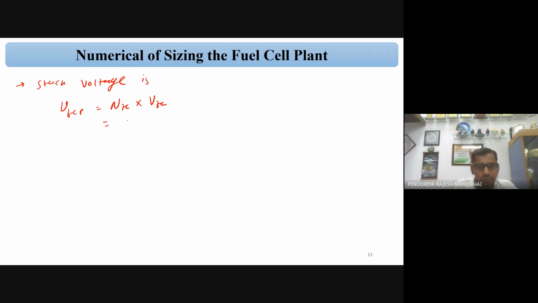NFC is 370 and VFC is 0.621, correct? So finally, the stack voltage VFC is equal to 230 watt.